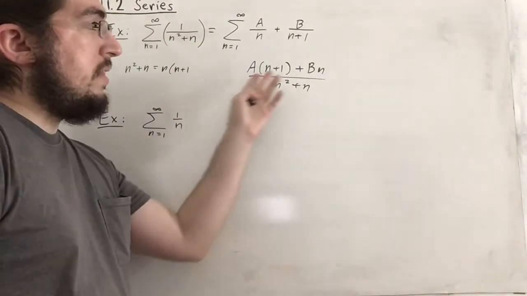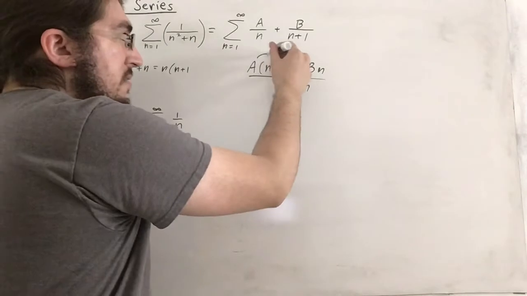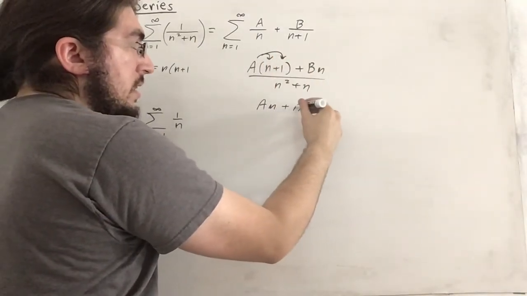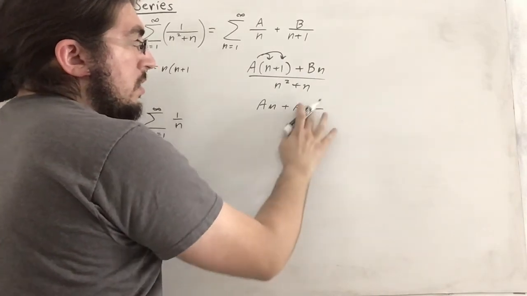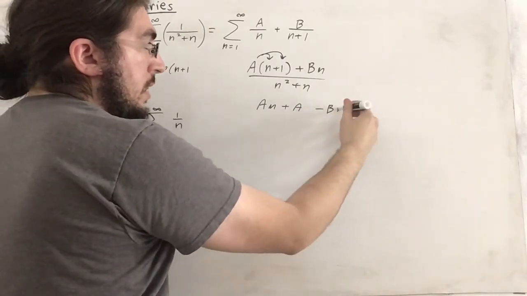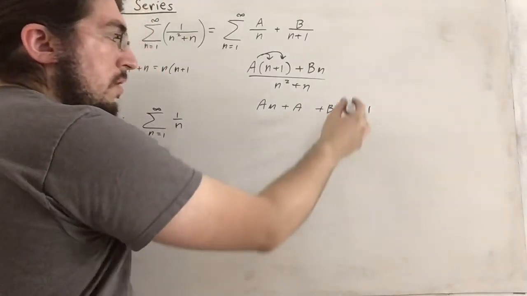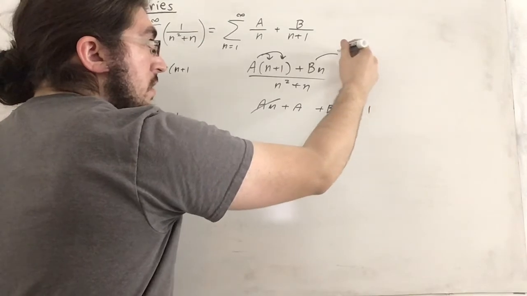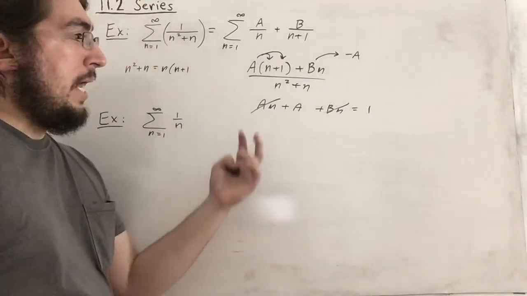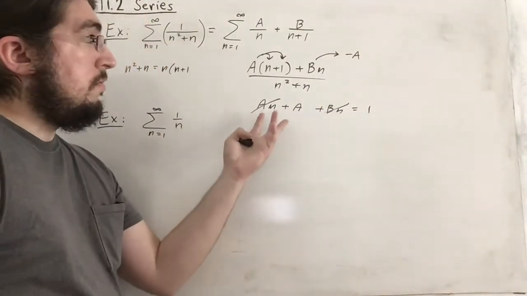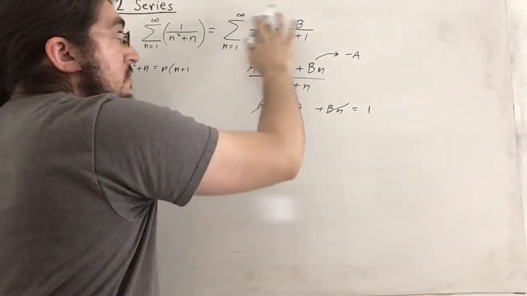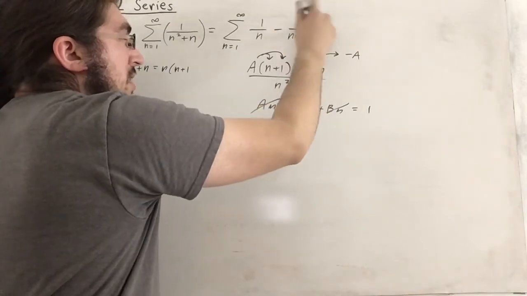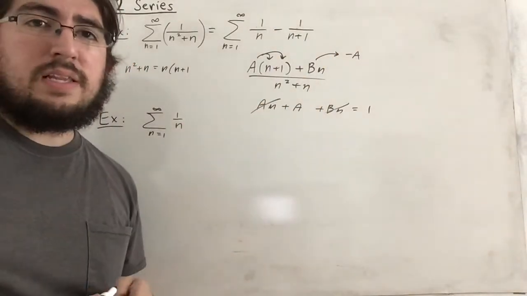So the only way that'll be the case, after distributing this, you get An plus A plus Bn, and for that to be 1, these n terms must cancel, so that means B is equal to negative A. And at the same time, A must be 1. So A is 1, but B is negative 1. So we must actually have this. It's not too bad to see that. In fact, this is definitely the case.